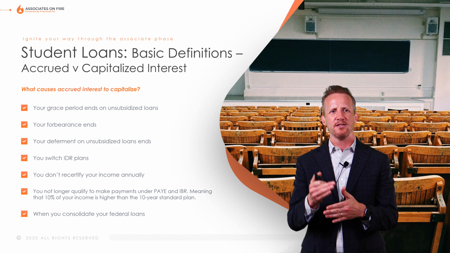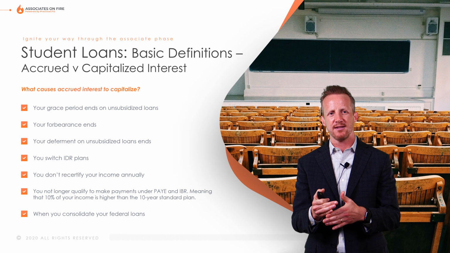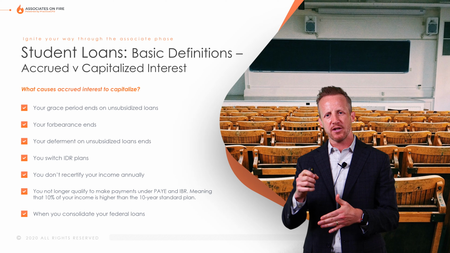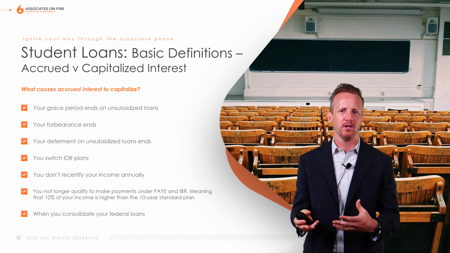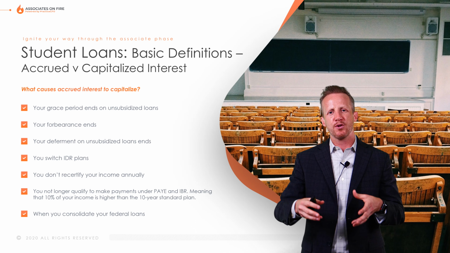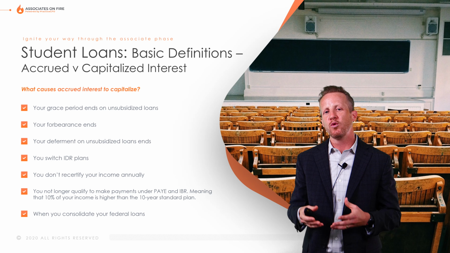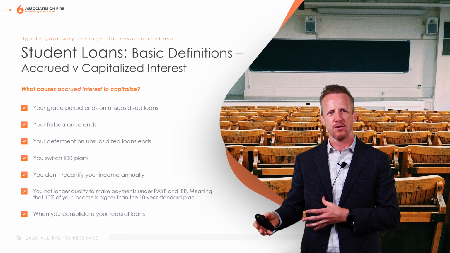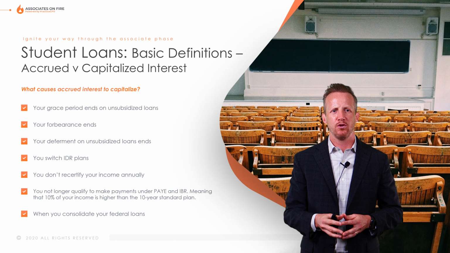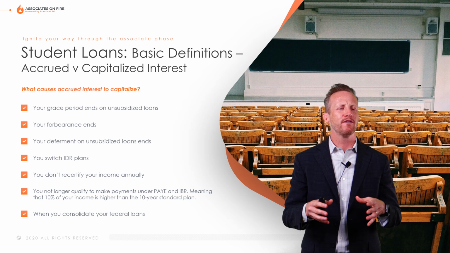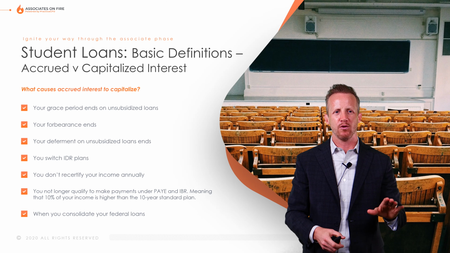And then right as you come out of school and your grace period ends, and now it converts into a paying student loan, then that interest that built up while you were in dental school capitalizes, and you will pay interest on that interest.